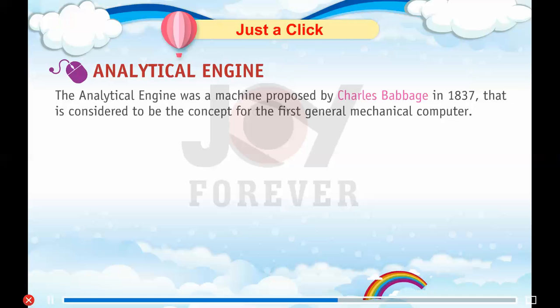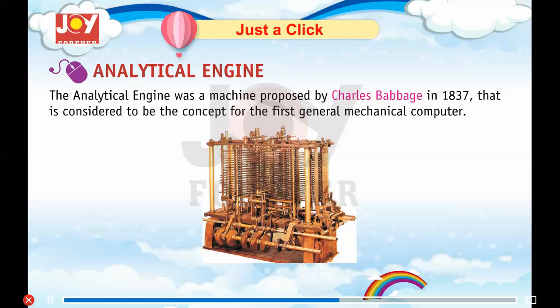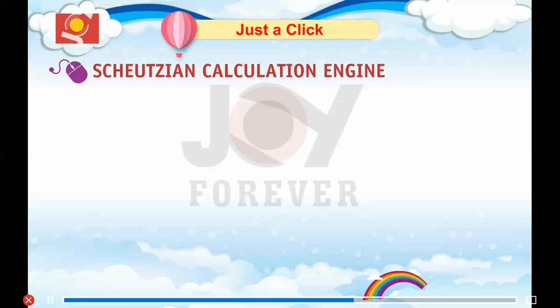Analytical engine. The analytical engine was a machine proposed by Charles Babbage in 1837 that is considered to be the concept for the first general mechanical computer. Scheutzian calculation engine.